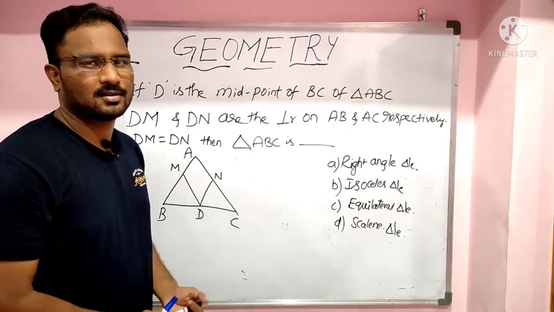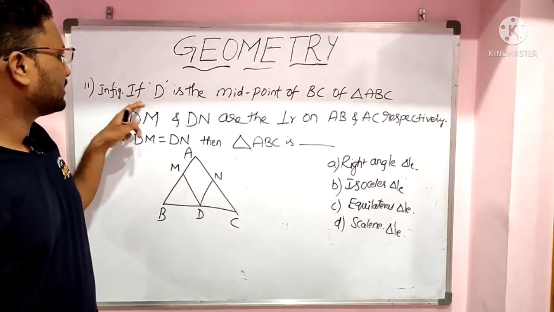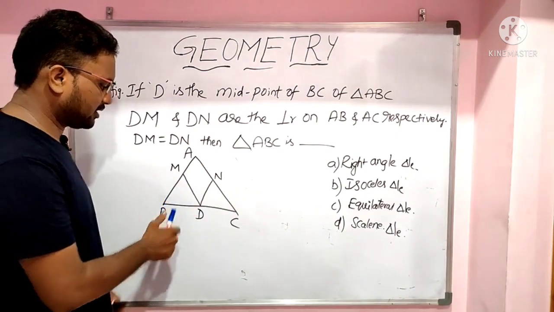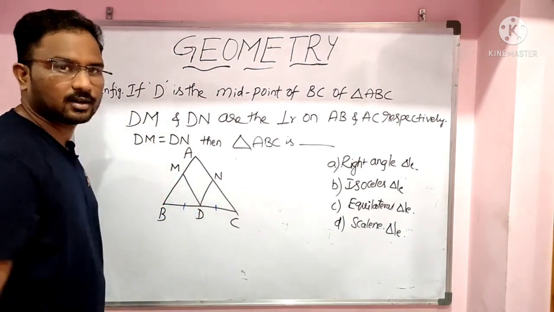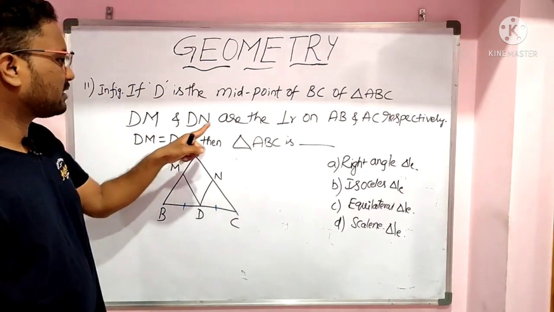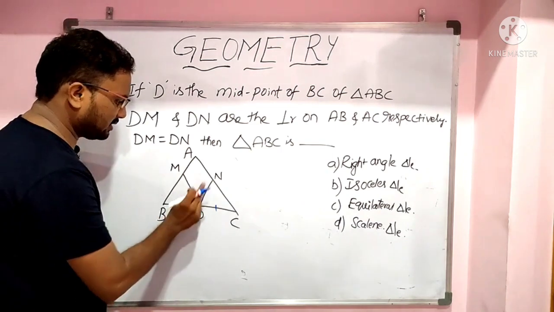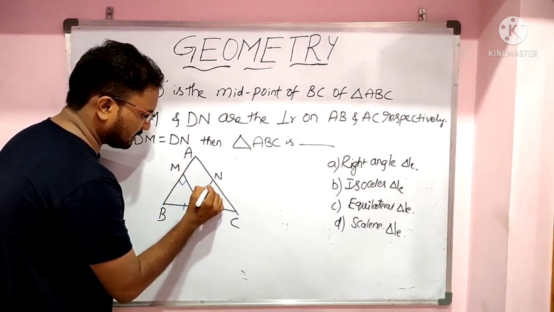Next problem, the last problem of this session. In the figure, D is the midpoint of BC, that means this length and this length are equal. DM and DN are the perpendiculars on AB and AC respectively, so this angle is 90 degrees and this angle is 90 degrees.